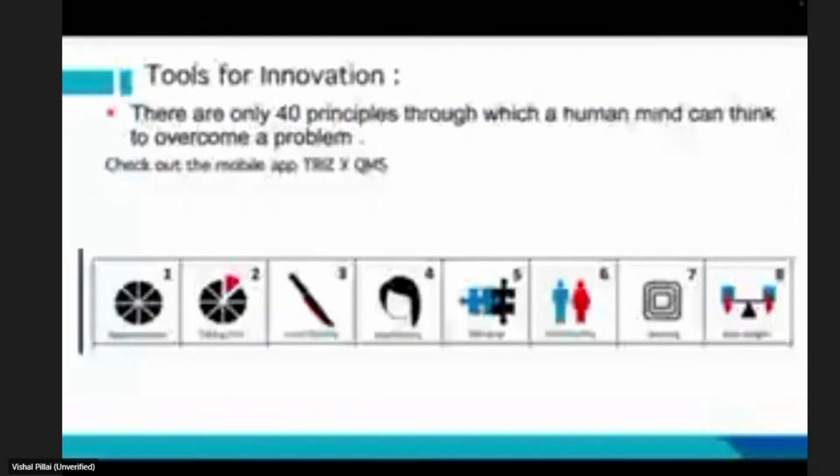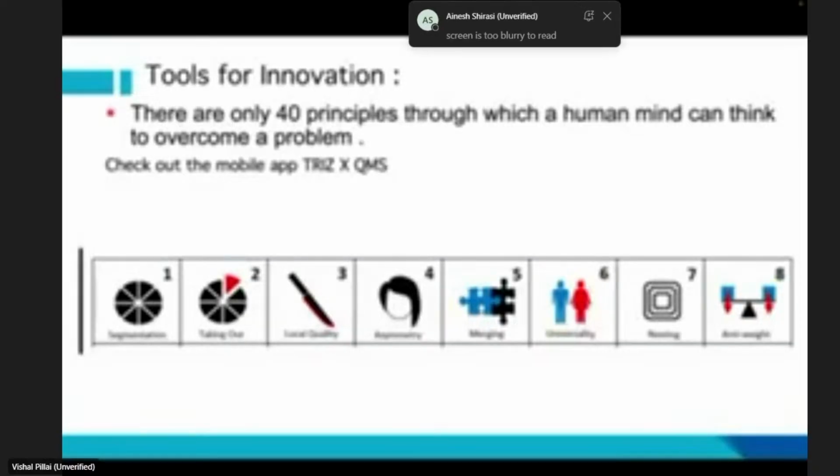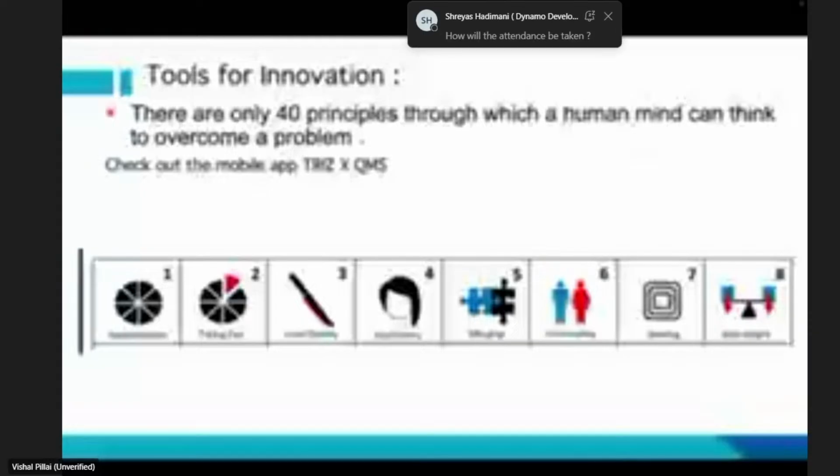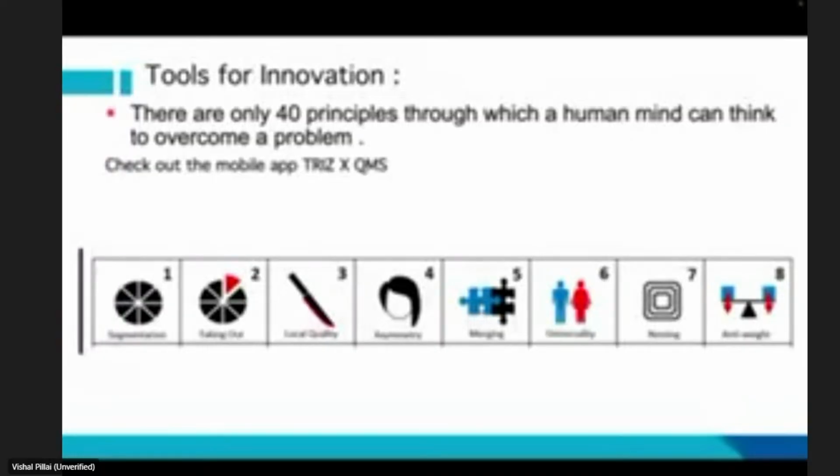If you go back, I will give you some more segmentation principles. We do a lot of segmentation in our daily life as well. You segment books, you segment clothes. These are things you've actually done in your normal way of living. These are called principles, or ways you are able to solve problems.